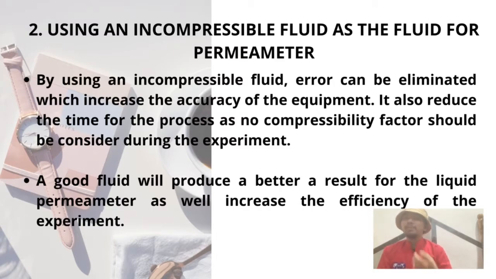So, what I mean is, the larger the fluid compressibility, the larger the error that we will produce during the process. Currently, we use various types of fluids such as brine and oil to operate the equipment.